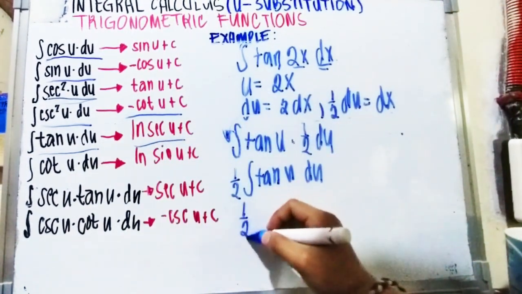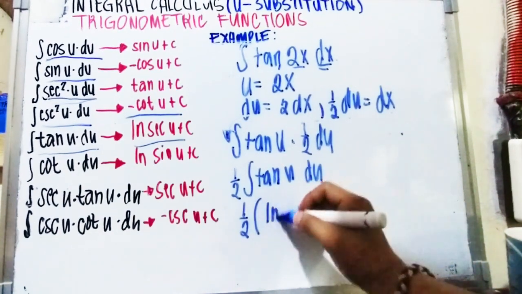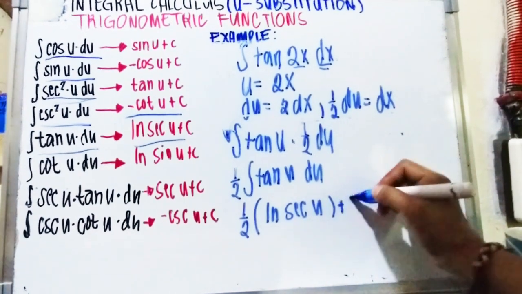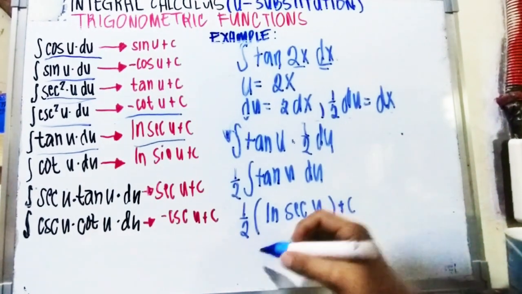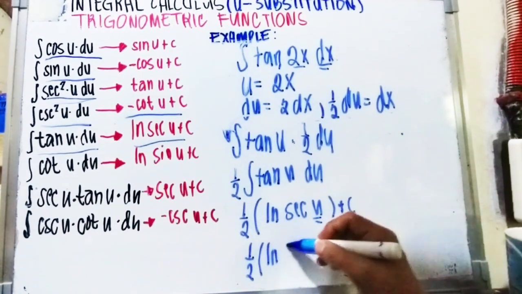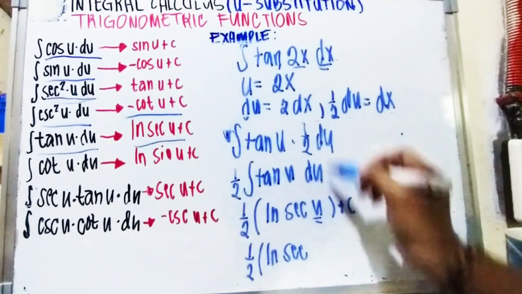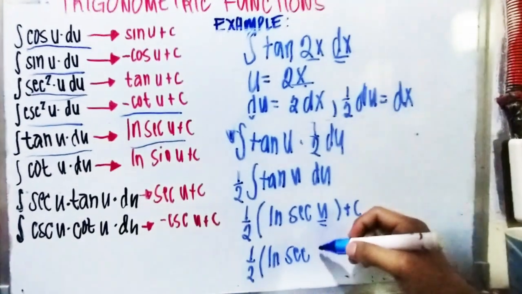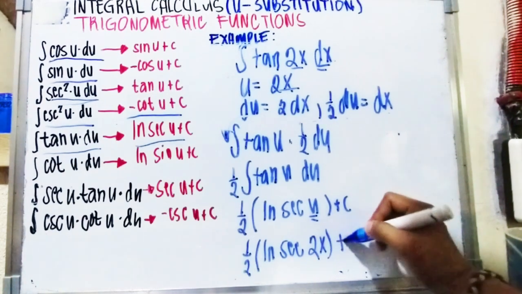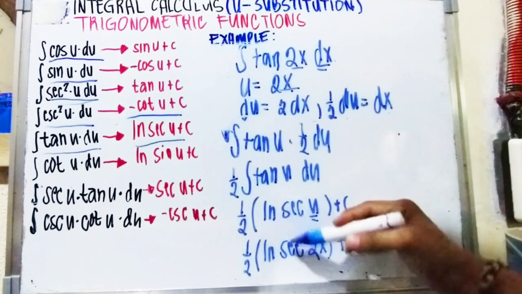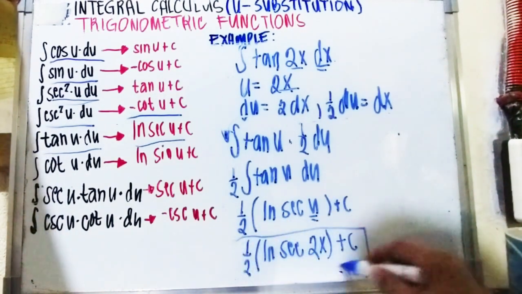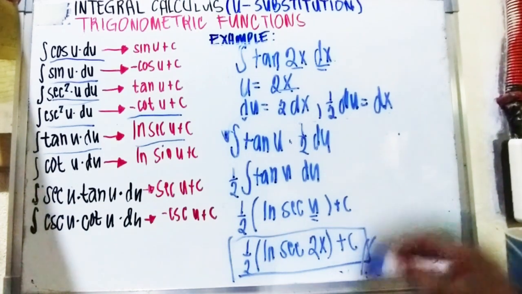Therefore, 1/2 magiging ln of sec u plus c. Replacing the value for u, magiging 1/2 ln sec, ano nga yung u, is 2x plus c. Ito na yung final answer natin.